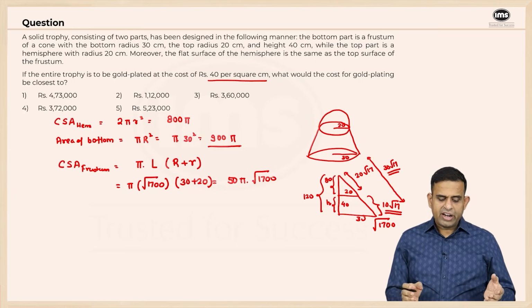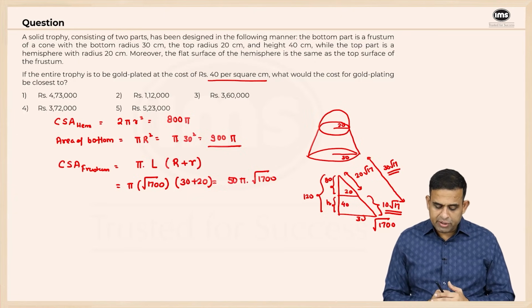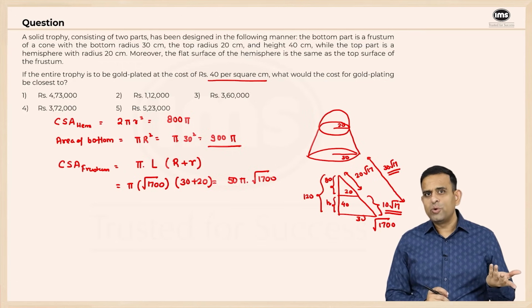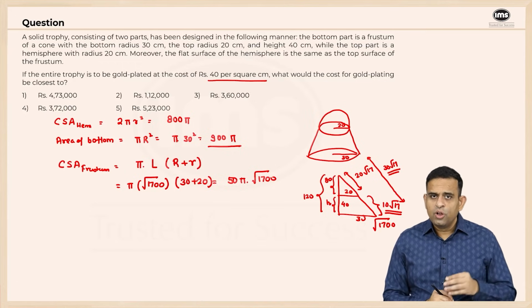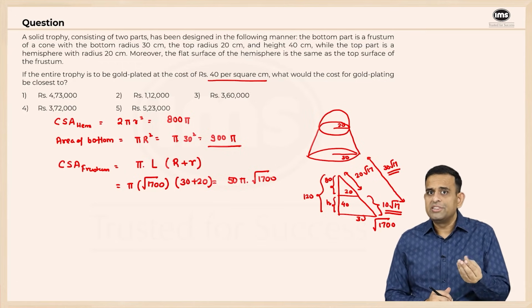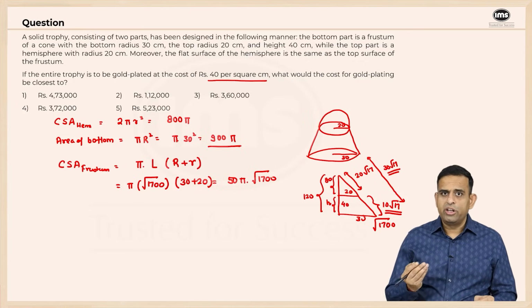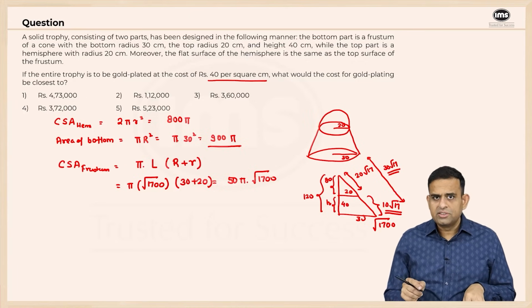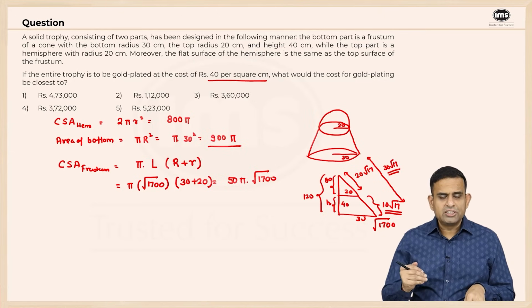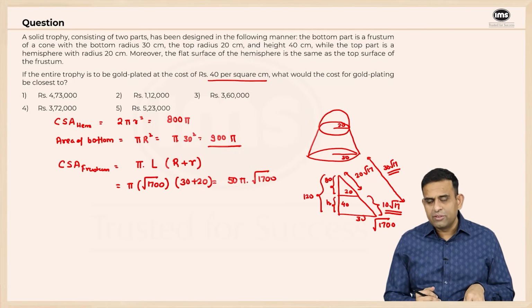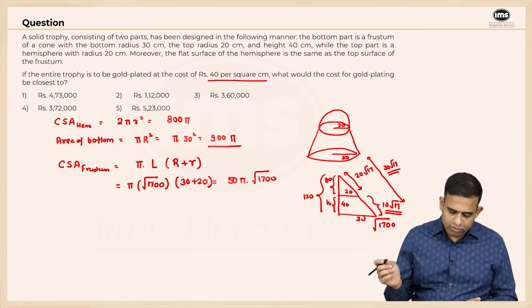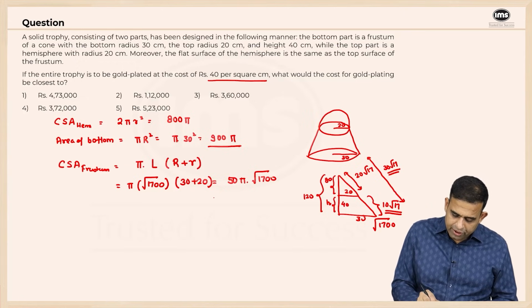Now we have to find out the approximate value in this particular context. So root of 1700: we know 40 square is 1600, 41 square is 1681, and 42 square is going to be 1764. So this number is more than 41 but less than 42. So 41.1 or 41.2 is what you can take.